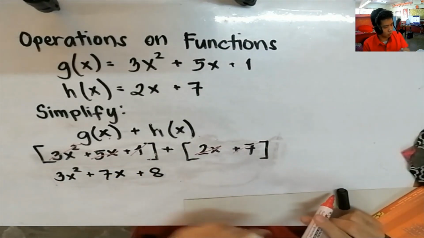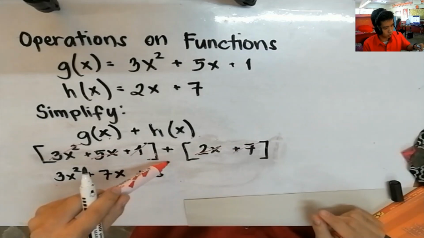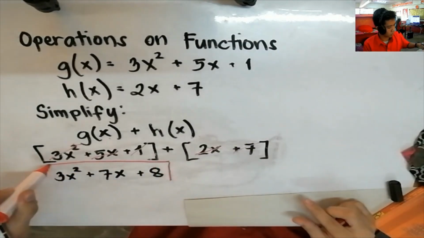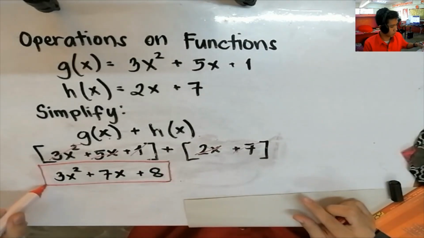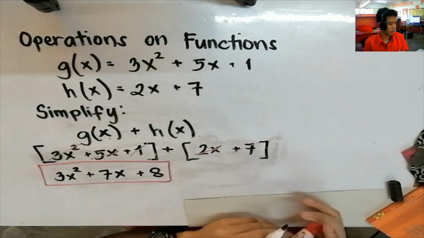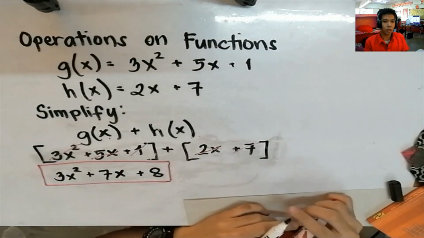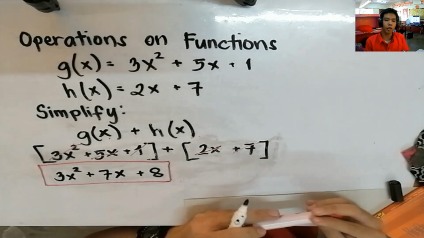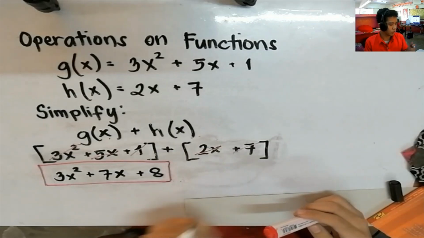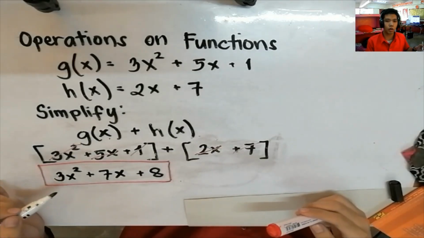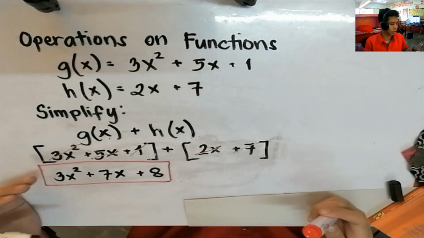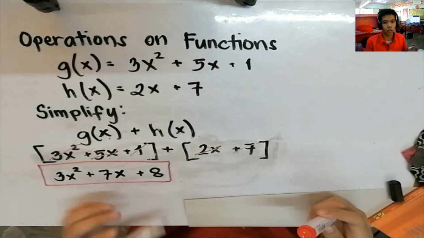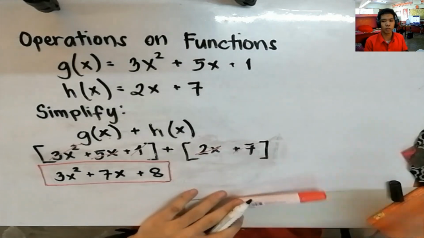This is now the simplest form of g of x plus h of x. Take note that a proper way to write a polynomial function is to write it in decreasing order of exponents. So in this example, we start with exponents 2, 1, and 0.